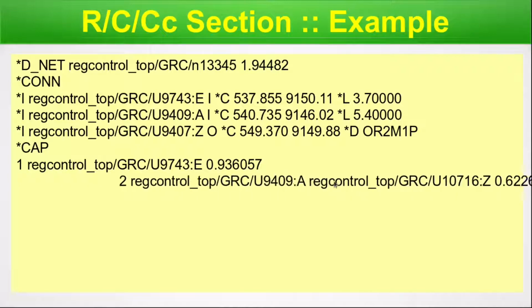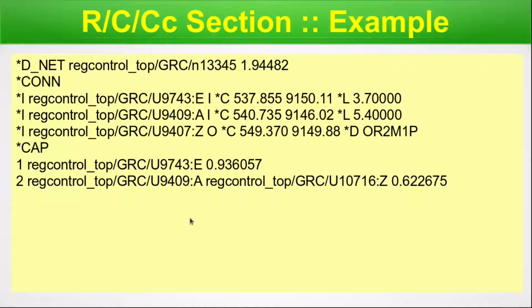The next capacitance, we can see the first field is incremented by 1 and it has become 2, as I just mentioned. Here we have two net names. One has the pin name A, another one has the pin name Z. If we had numbers instead of A or Z, that would mean these are internal nodes.